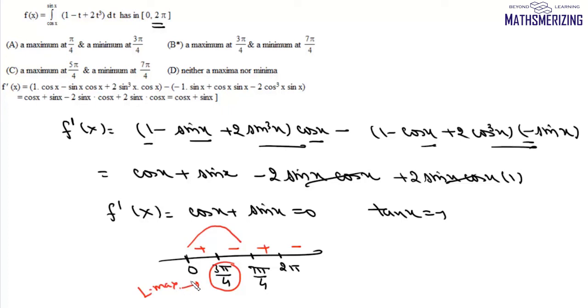And at 7 pi by 4, the sign changes from minus to plus. That is, it decreases and then it increases. So that means it is a point of local minima. So the answer to this question is maxima at 3 pi by 4 and minima at 7 pi by 4, and that's your option B.